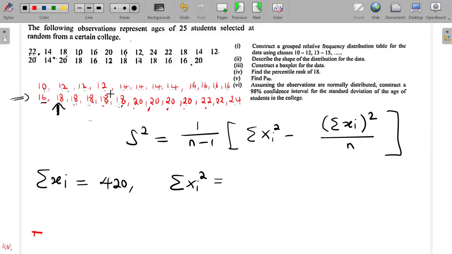I have 10 squared plus 12 squared 3 times, plus how many 14s do I have there? I have 4 14s, and then I square the 14. Plus I have 5 16s, which need to be squared.